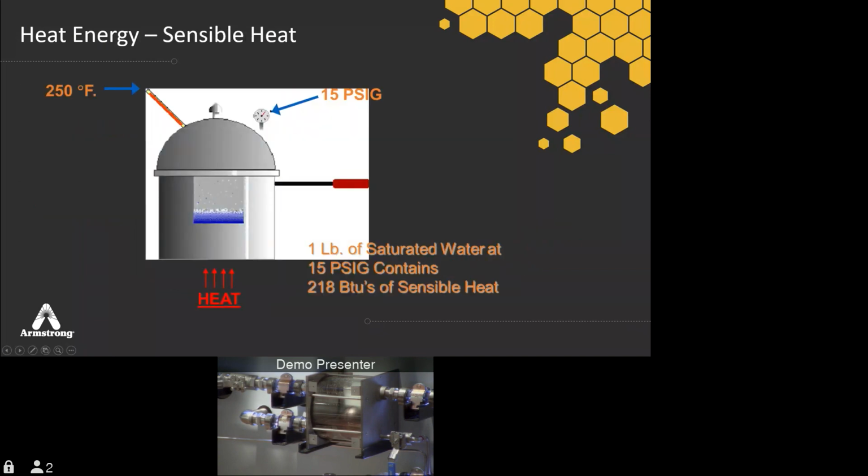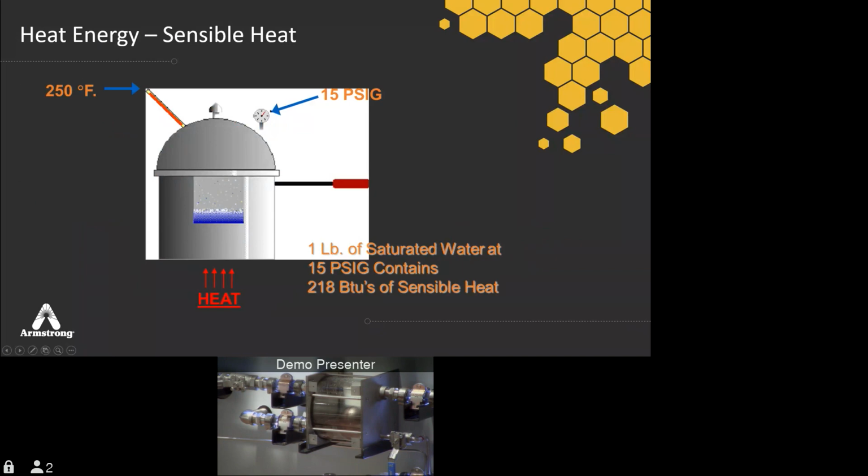Well, let's look at a common pressure used in HVAC systems, 15 psig. The steam table says that steam temperature will be 250 degrees Fahrenheit. 250 minus the 32 degree starting point means I've added 218 BTUs of sensible heat to get to 250.